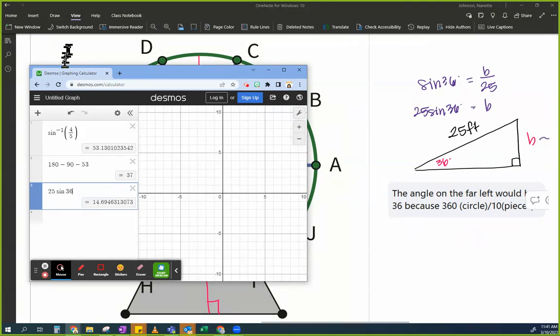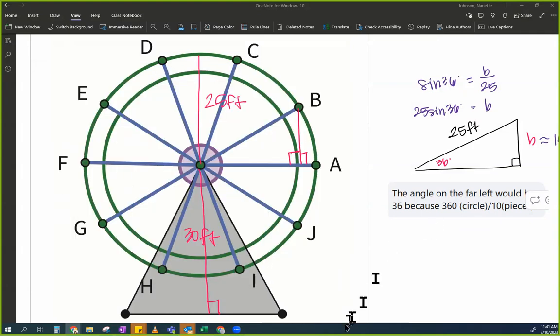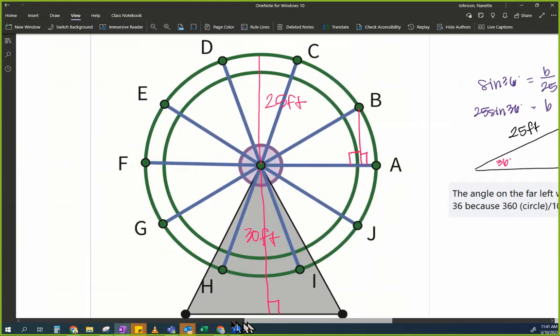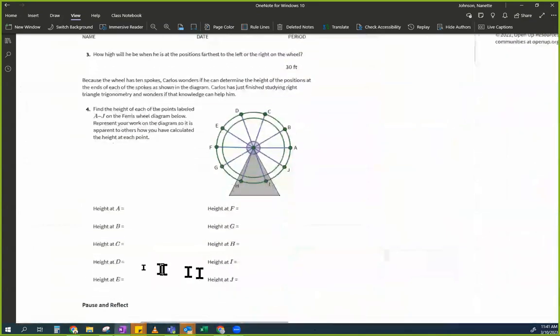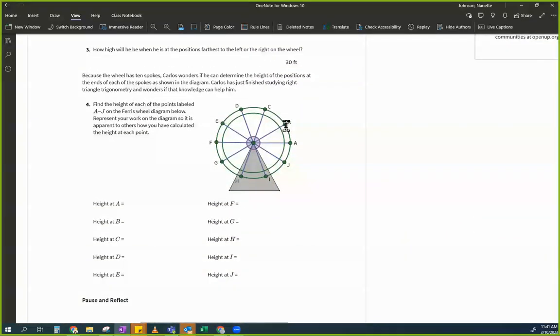Okay, so that doesn't really tell me the answer that they want. Down here, they want to know how high B is. Does that help you find how high B is? Yeah, because if I know this distance and I know this distance, can you tell me what B would be?